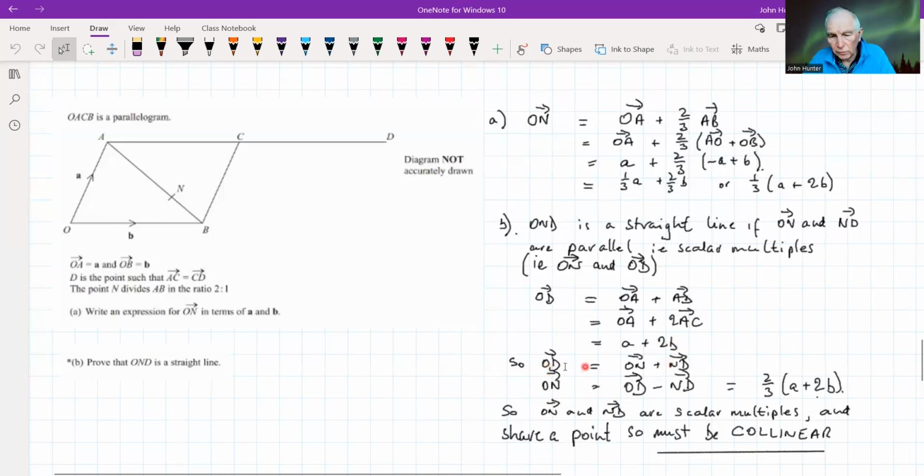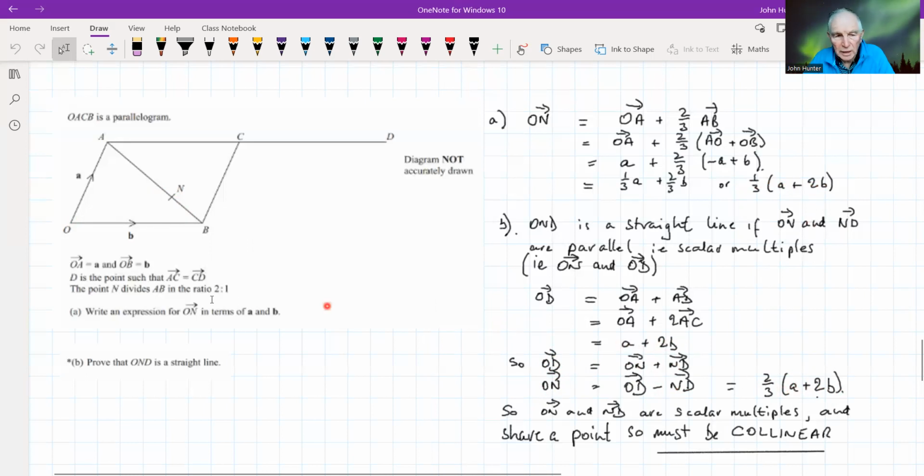And now we could go through the argument and say, well, OD is ON plus ND, therefore ON is OD minus ND. 2/3 of A plus 2B. Anyway, we can see that that is a scalar multiple of that.